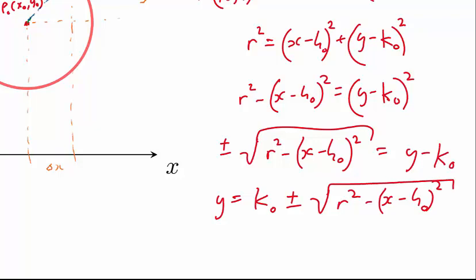I want you to notice a few things about this. The equation of a circle looks like this. But the k, the way that the center is displaced from the origin, you add that displacement here for your k naught. But to move the circle to the right, you have to subtract a number like this, h naught.